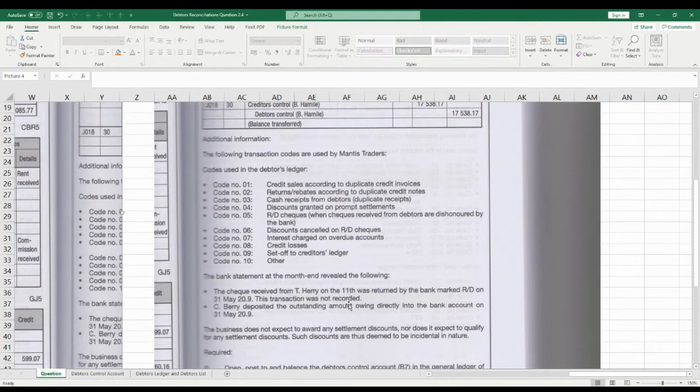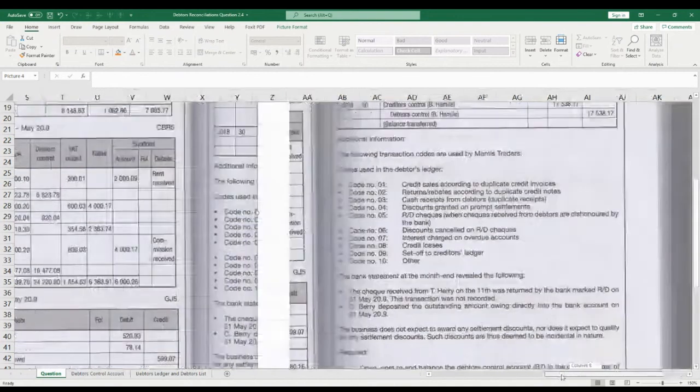So because they haven't recorded it yet, you will have to record this. So this is an adjusting entry. And then T. Berry deposited the outstanding amount owing directly into the bank account on the 31st of May. So these two transactions have not been shown in your journals as yet. So you will have to go show them.